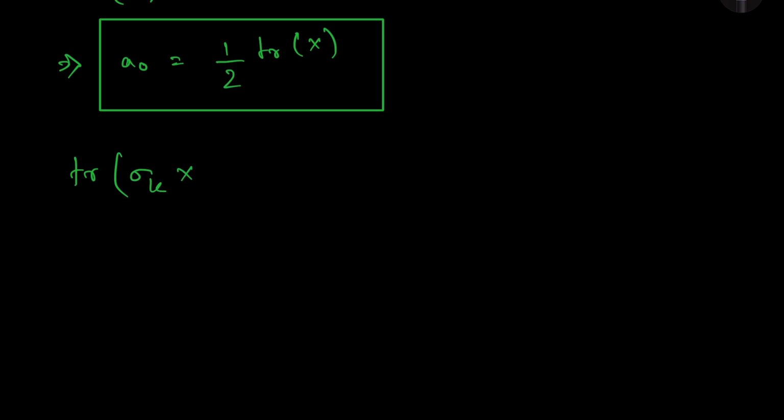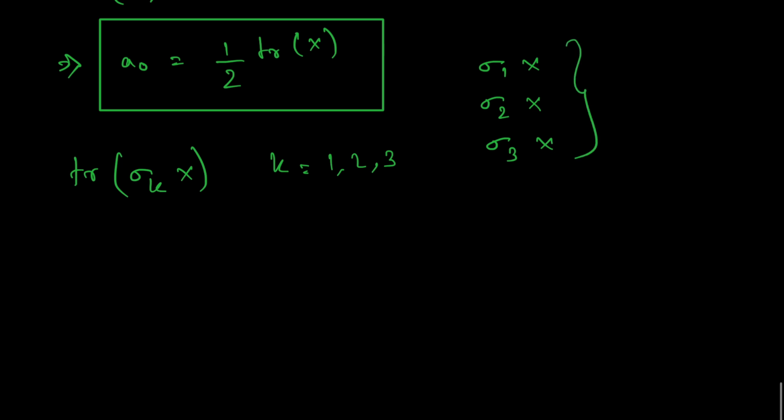Alright, so the next one we have to find is the trace of sigma k X. So what is sigma k X? Sigma k, where k is given as equal to 1, 2, 3. So it can be sigma 1 times X, or sigma 2 times X, or sigma 3 times X. Let's try calculating all these three and see if we can get a pattern.